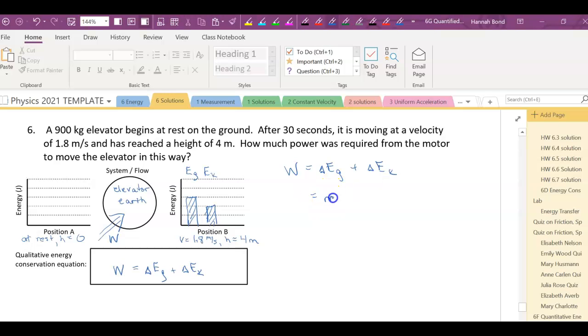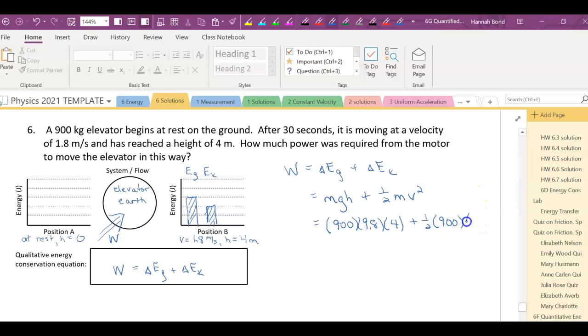Gravitational potential energy I can calculate as mgh. Kinetic energy I can calculate as 1/2 the mass times the square of the velocity. As I plug in, I want to make sure that all of my units are in standard units. So the mass is 900 kilograms. The height is 4 meters. 900 kilograms again.